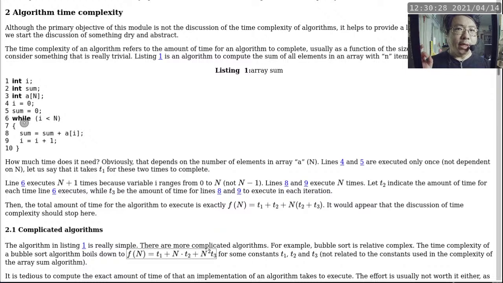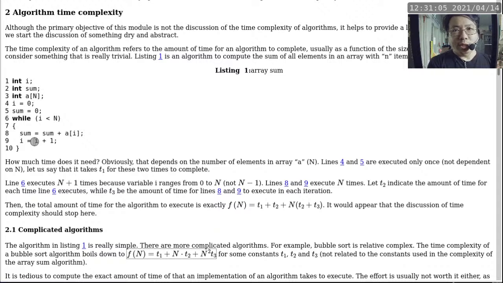So the majority of the time is taken by line 6, line 8, and also line 9. Line 6 does take up time because it is a comparison between i and n. So every single time we compare, it is a subtraction operation. For those of you who have taken CISP440 already, you know that a comparison involves a subtraction, which takes time because you have to go through the ALU, the arithmetic and logic unit in the processor, to compute the difference between two numbers.